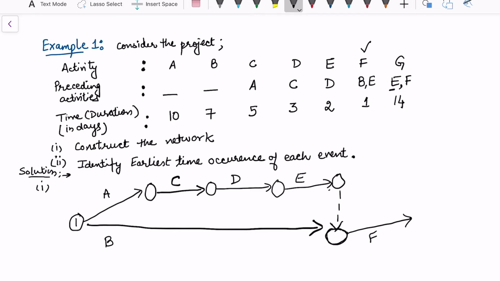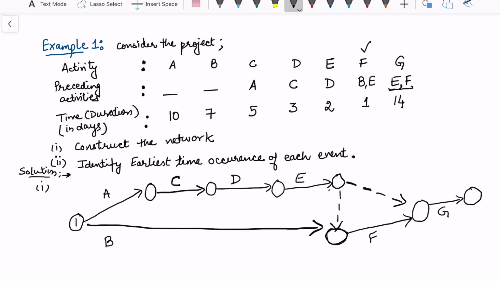And then I need a node where E and F both are finished, so that I can start G. Although E is finished here, I want a node where I ensure that E and F both are finished. So I'm going to add a dummy here, and at this node E and F both are finished, so I can start the activity G.